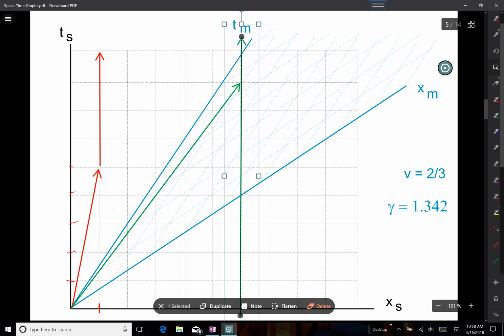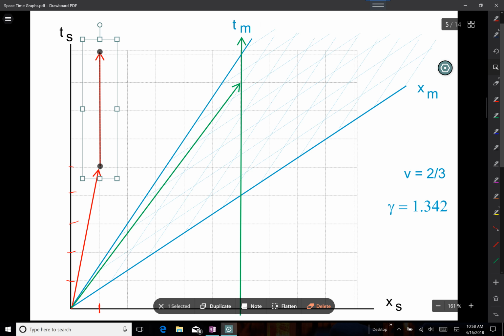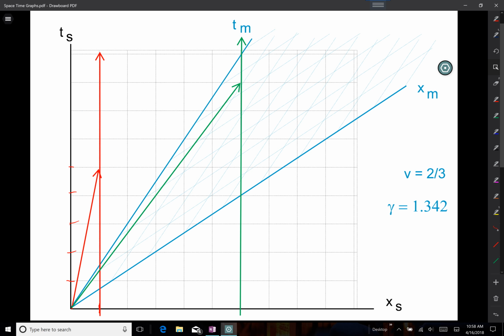I'm just going to extend these world lines. Okay, and I would encourage you to keep things simple. Anyway, I'm just going to extend those world lines because it's the distance between these two world lines that I'm trying to measure.